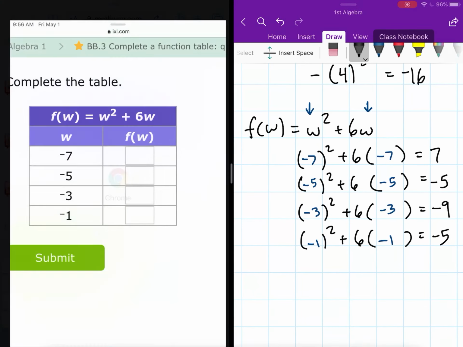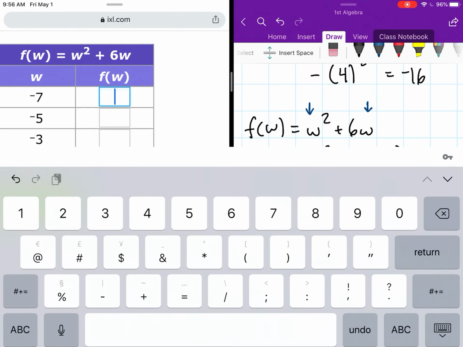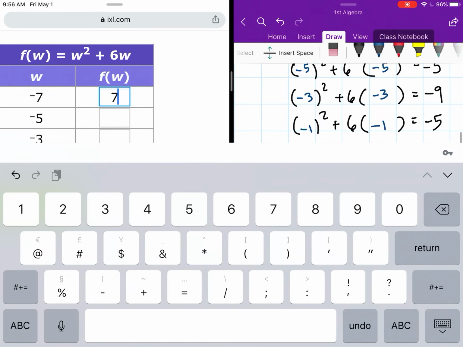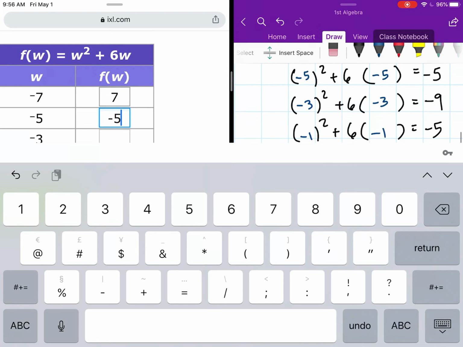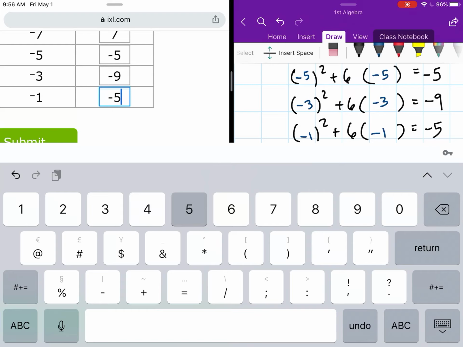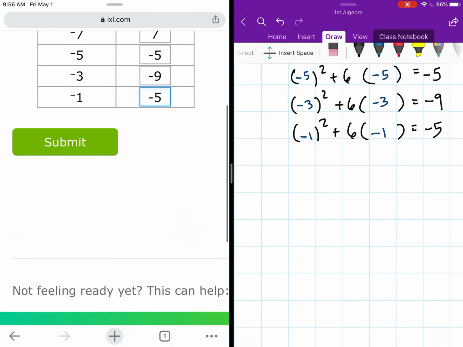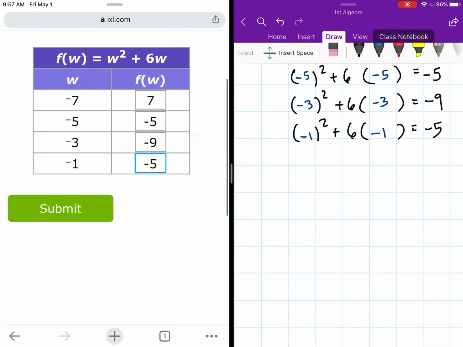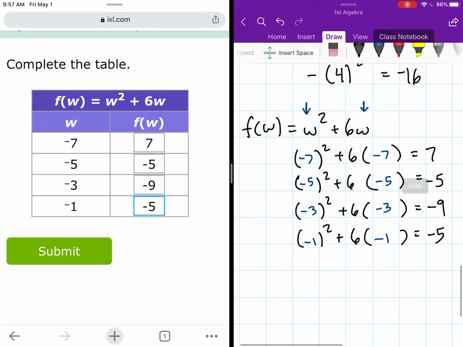Then I can come back over to IXL and type my numbers in. So I have 7, negative 5, then negative 9, and negative 5. So those are the answers that I have there for that table.